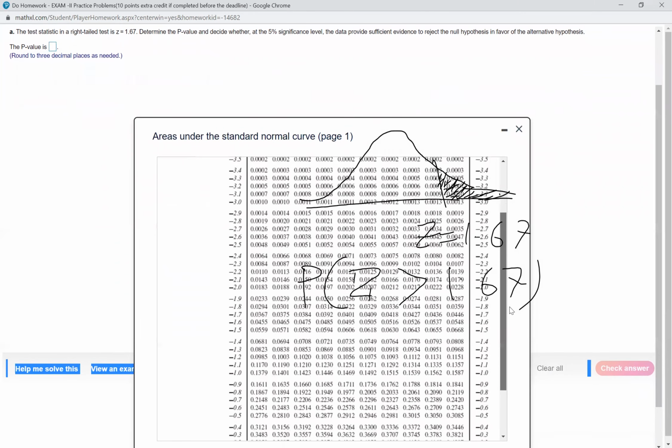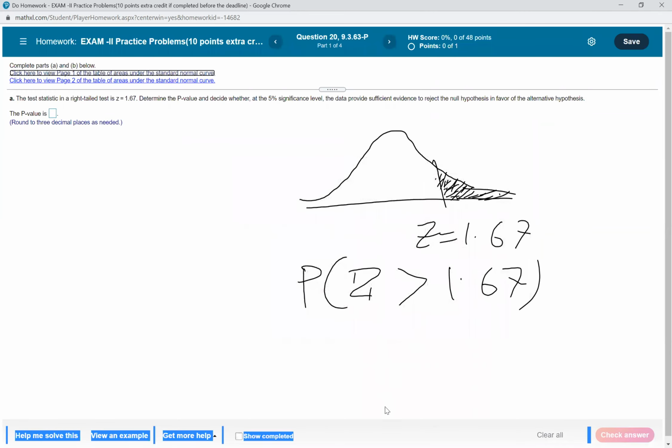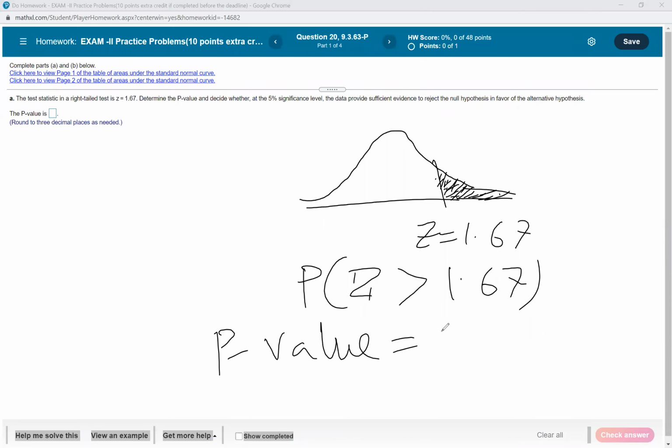So look at negative 1.67. 1.6 is here, negative 1.6, and 7 is here. So for negative 1.67, the p-value is 0.0526. Okay, the p-value is 0.0526.